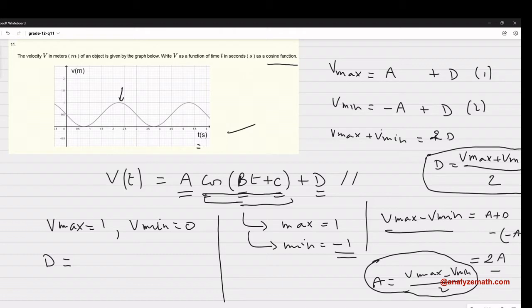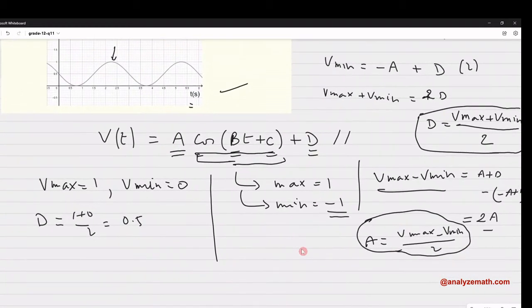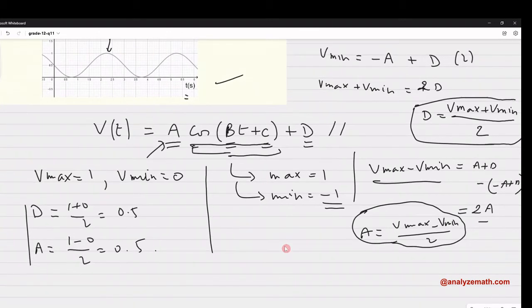Vmax plus Vmin, 1 plus 0, divided by 2. That gives me 0.5. A is assumed to be positive. It's Vmax minus Vmin, 1 minus 0, divided by 2, 0.5. Of course, a here can be positive or negative. So we assume in our case it's positive. Good. So we found 2 already.